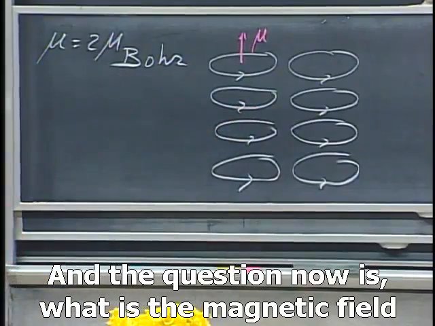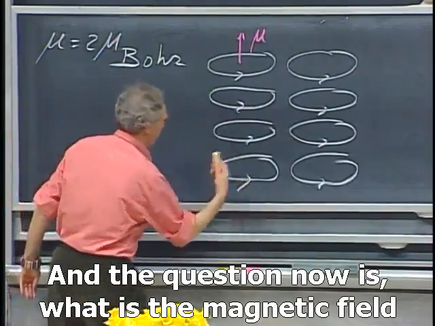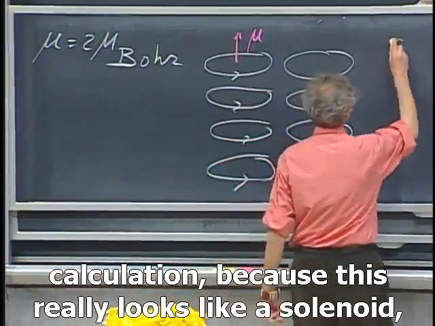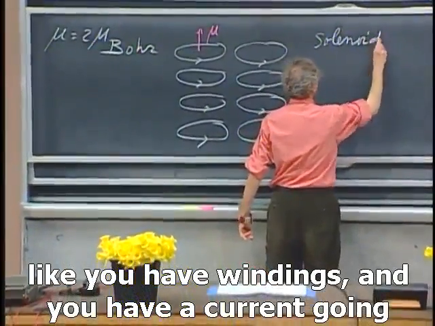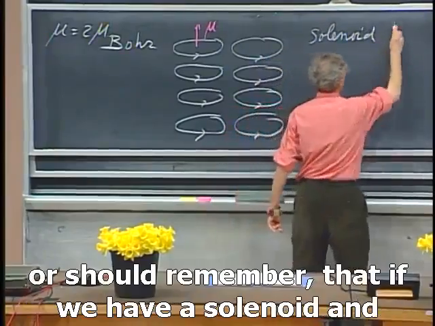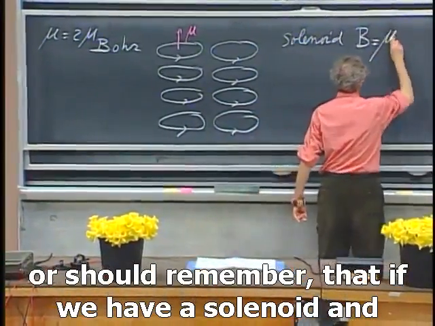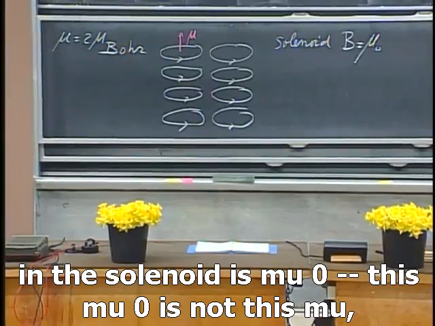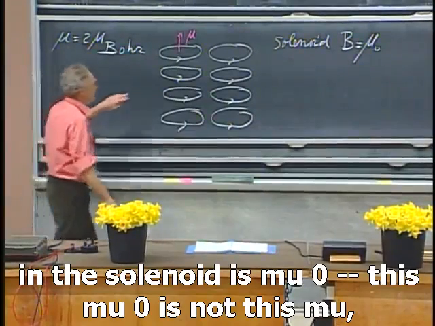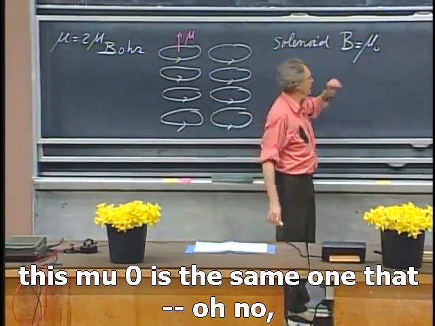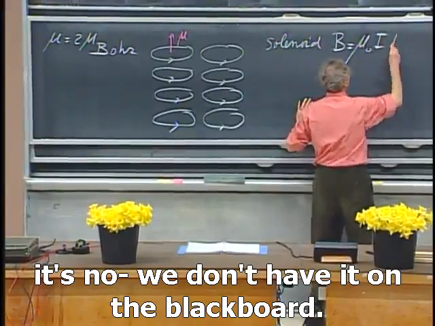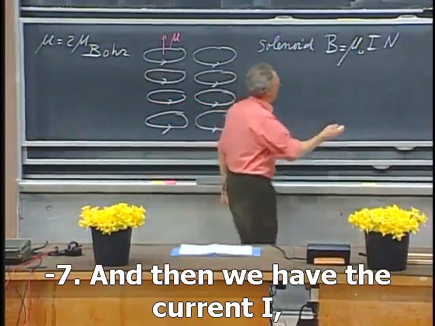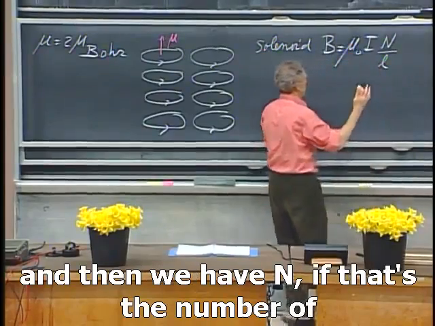Well, that's an easy calculation, because this really looks like a solenoid, like you have windings, and you have a current going around. And you remember, or should remember, that if we run a current through a solenoid, the magnetic field in the solenoid is mu0, and this mu0 is not this mu, it's the famous 4 pi times 10 to the minus 7, times the current I, times N, the number of windings in the solenoid, divided by L, the length of the solenoid.